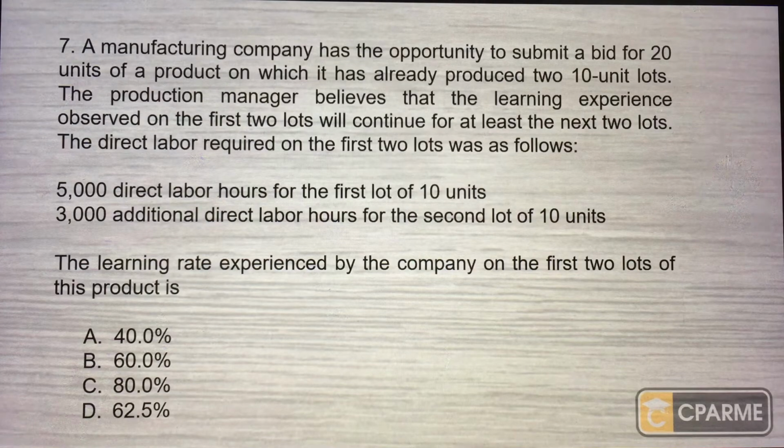The production manager believes that the learning experience observed on the first 2 lots will continue for at least the next 2 lots. The direct labor required in the first 2 lots was as follows: 5,000 direct labor hours for the first lot of 10 units, and then 3,000 additional direct labor hours for the second lot of 10 units.